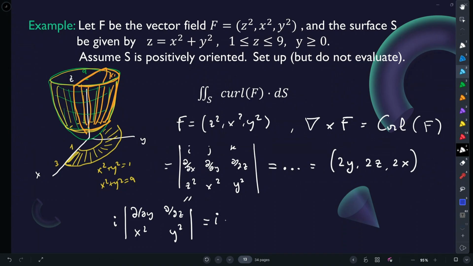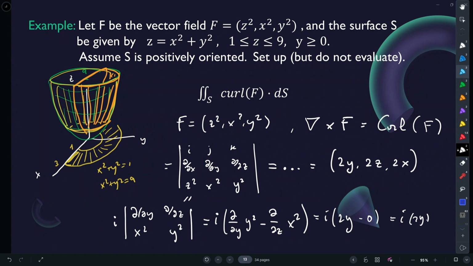So that's going to be i times the derivative with respect to y of y squared minus the derivative with respect to z of x squared. The derivative with respect to y is 2y, but the derivative with respect to z of x squared is 0. So I get 2y. So that is why that component is 2y.